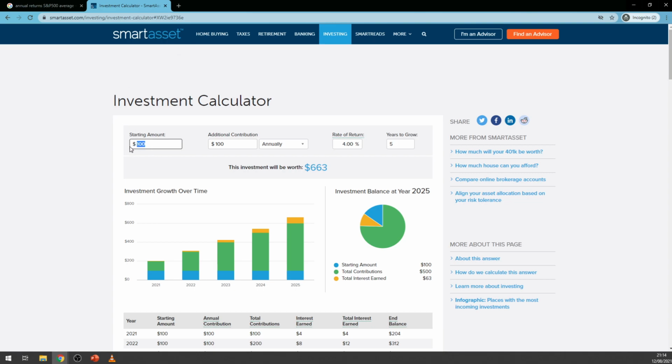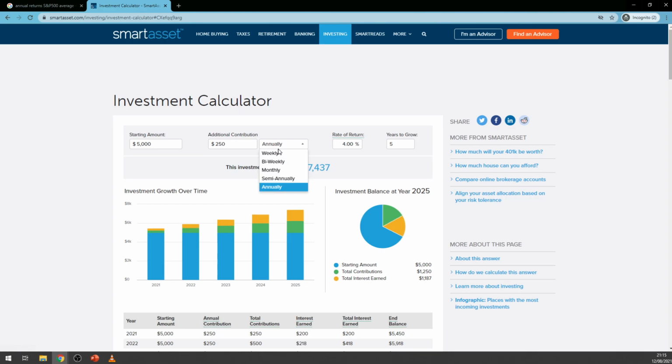And then right here, we can actually enter everything that you want to enter for yourself as well. So let's say you've got a little bit more money on hand, so you're able to directly invest $5,000. And you're able to invest a little bit more, so around $250, but not per year, per month. Then we say an annual return.